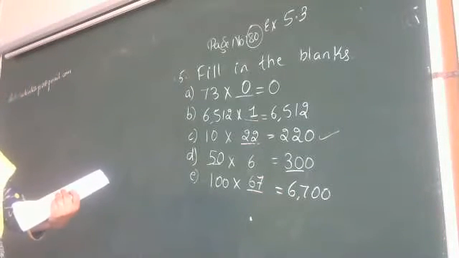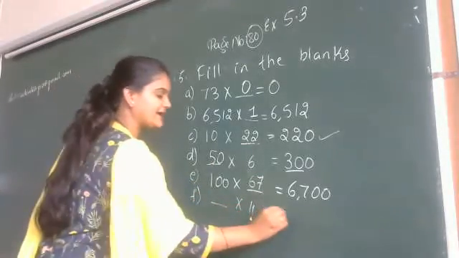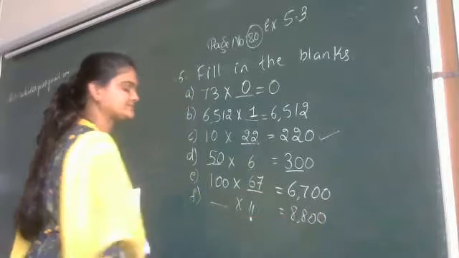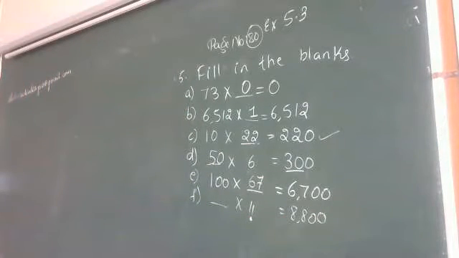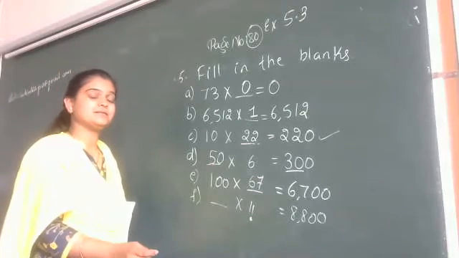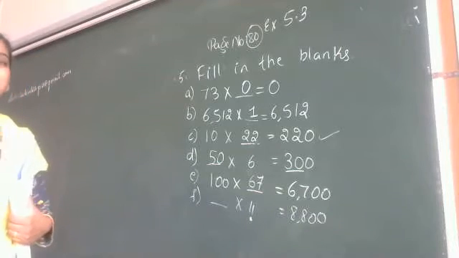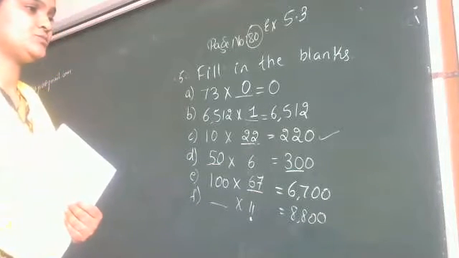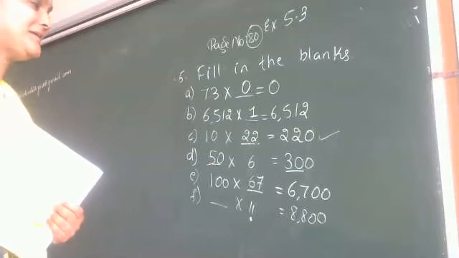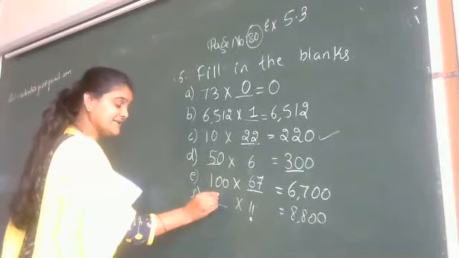Okay. The last one. What number, if you multiply by 11, gives 8,800?